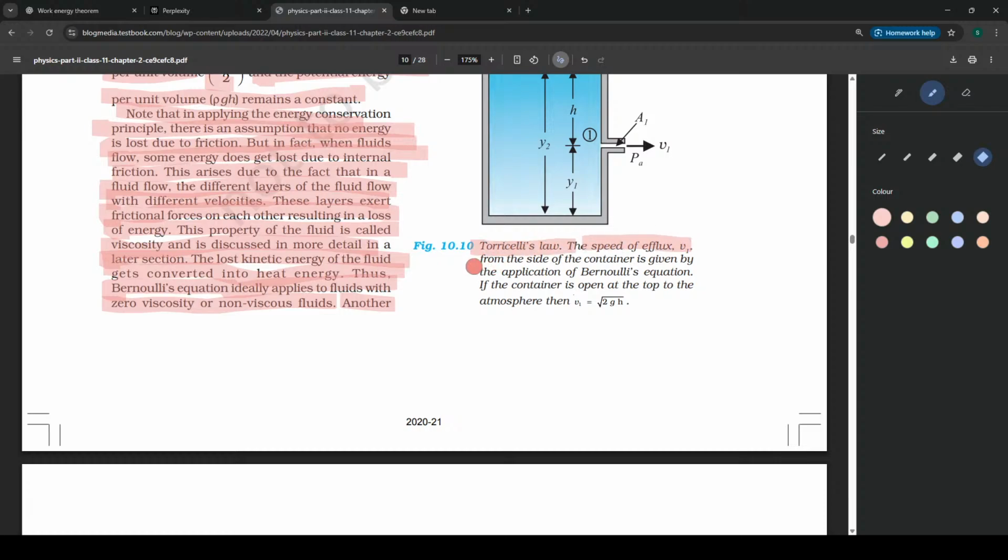Torricelli's law: the speed of efflux V1 from the side of the container is given by application of Bernoulli's equation.